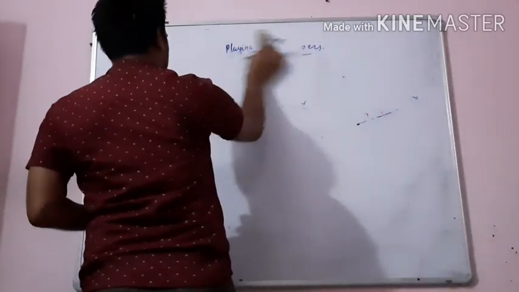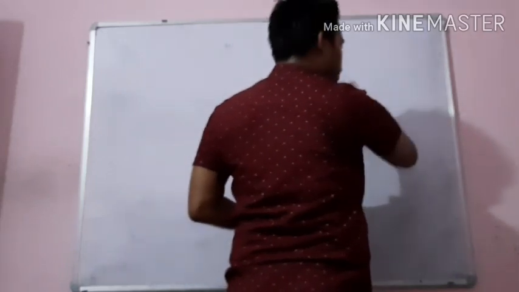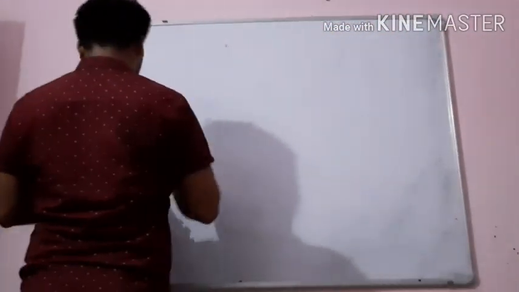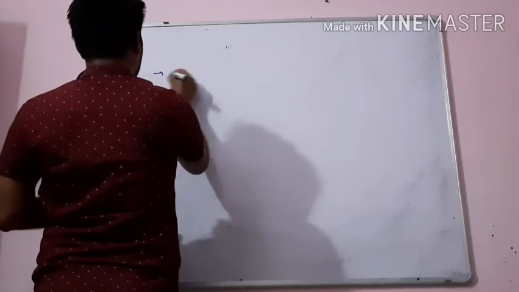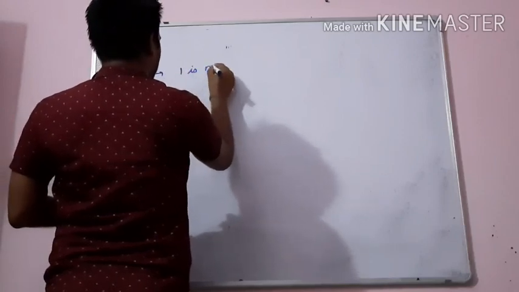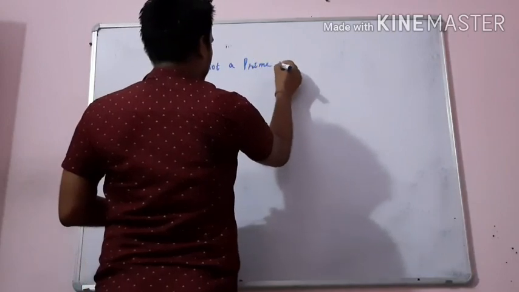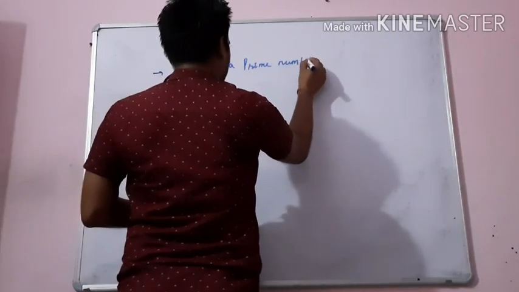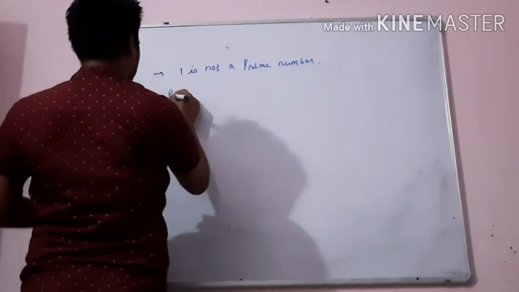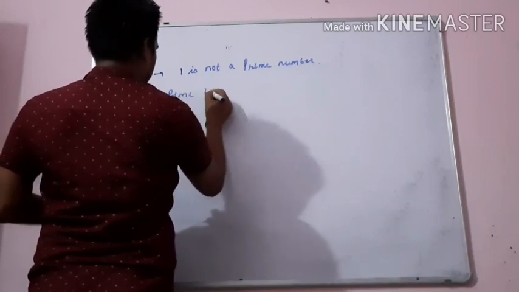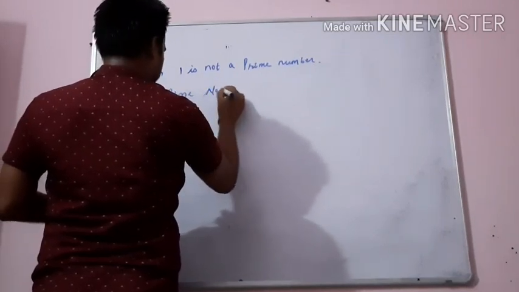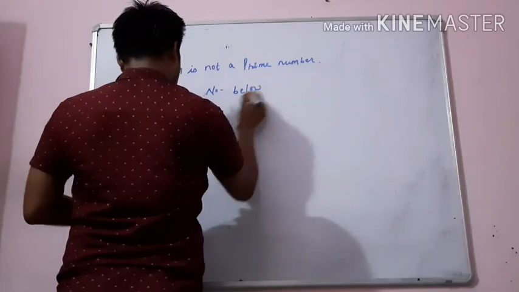You remember this statement: 1 is not a prime number. Prime numbers below 100, what are they?